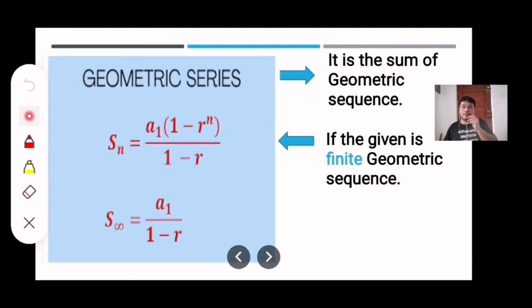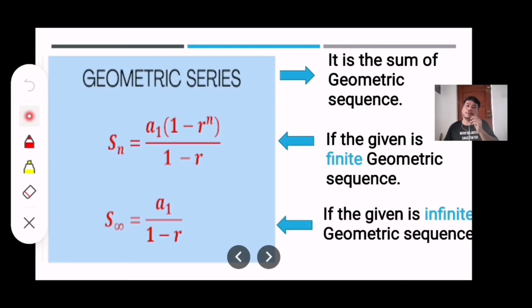Meaning, meron siyang last term. Okay? While the other one, this is S sub infinity, is equals to A sub 1 all over 1 minus R. So, we'll be using this formula only if the given is an infinite geometric sequence.